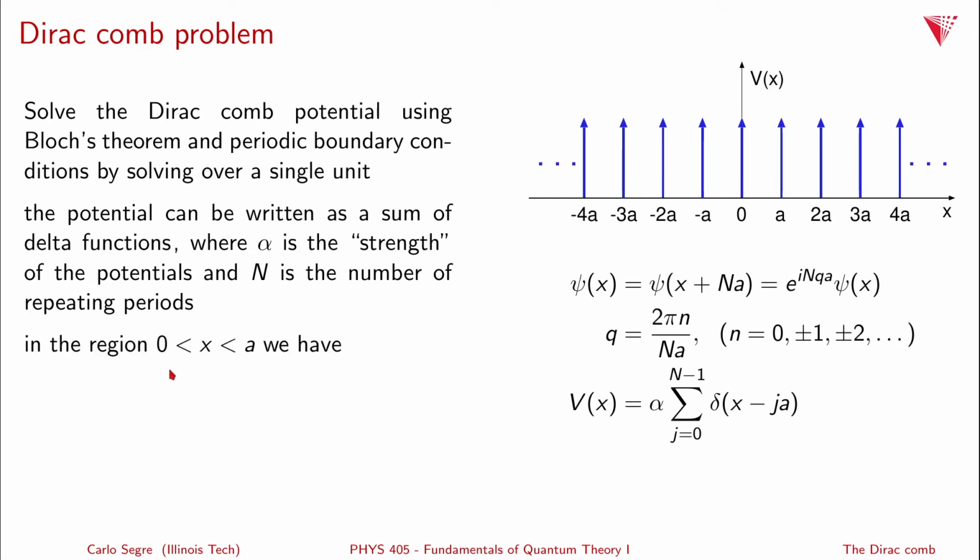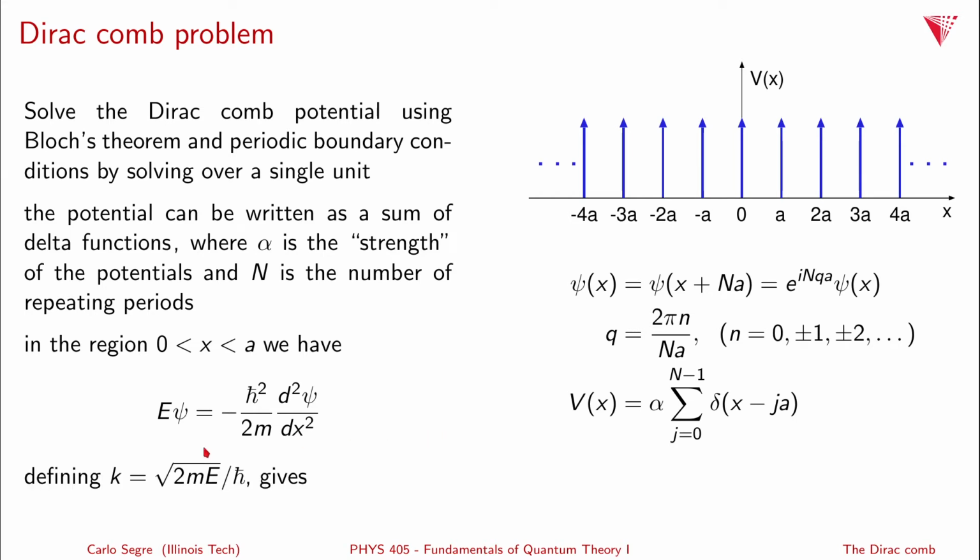In the region from 0 to a, the Schrödinger equation is very simple. There's no potential there because it's 0, and the boundaries are delta functions. So E psi is equal to minus h bar squared over 2m d squared psi dx squared.